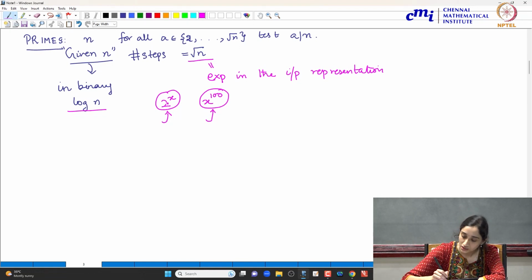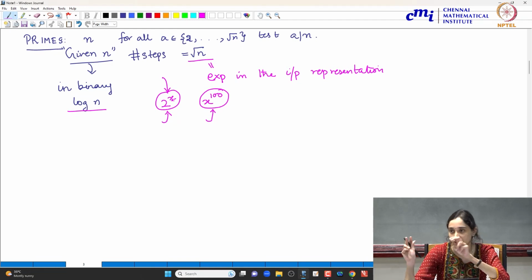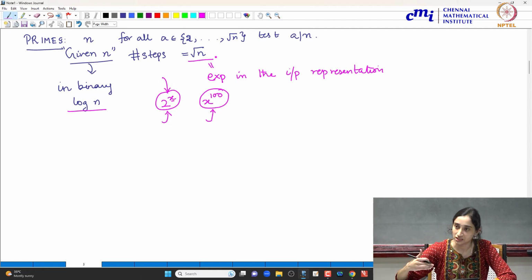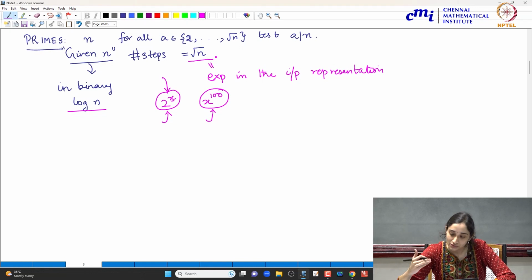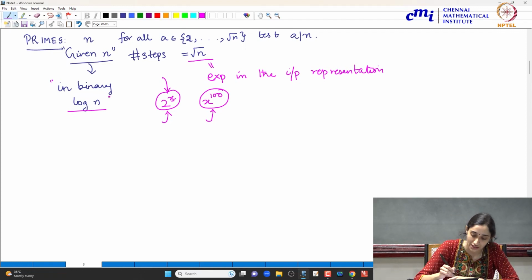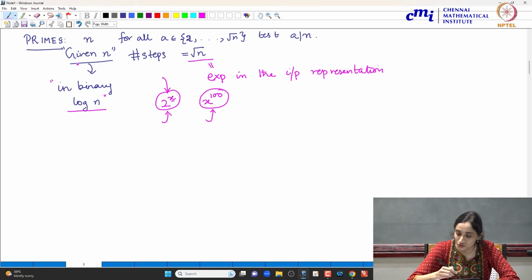So if your algorithm takes 2 power x time, where x is the size of the input, then it's not a very good algorithm in practice. So you should look at how the input is presented to you and try to devise an algorithm that runs fast in terms of the input size. Because we want to talk about binary at least, is it clear that this is not a really good algorithm when the input is presented in binary?